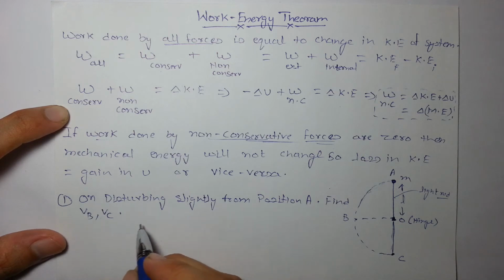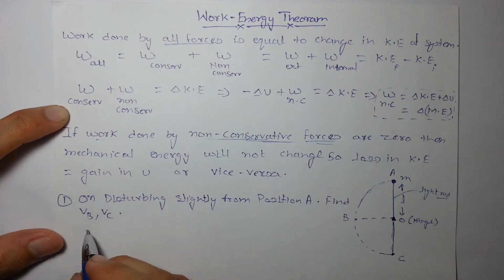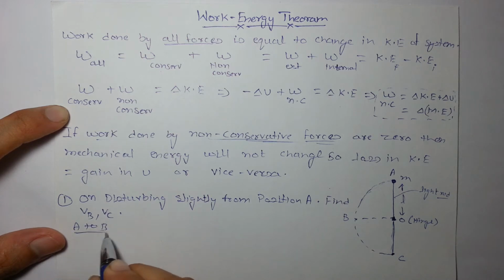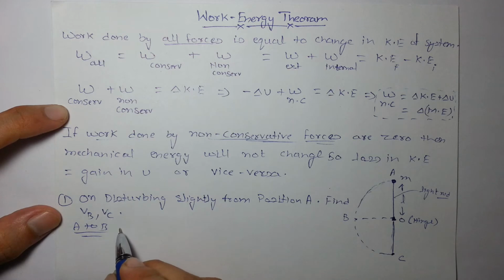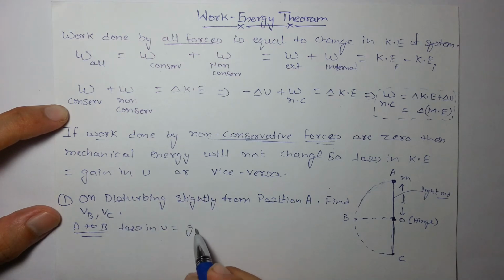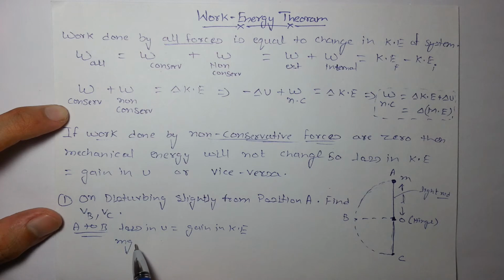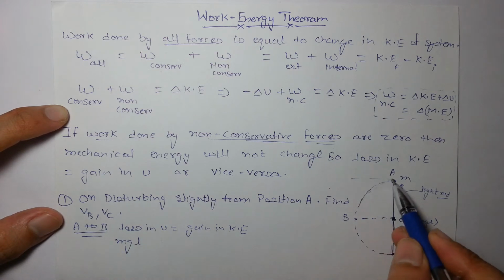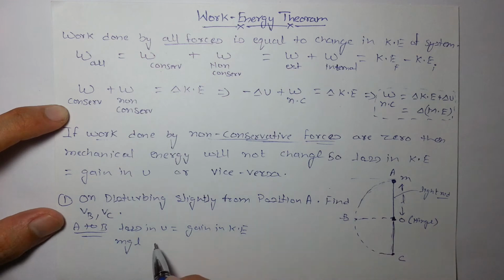So what kind of energy is losing? Loss in PE from A to B. Let's talk about A to B. So loss in U is equal to gain in K. What is loss in U? mgL, the height has come down by L. The height difference is L. And what is the gain in kinetic energy?